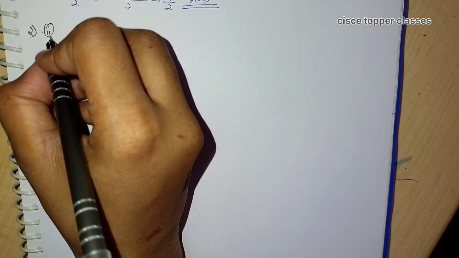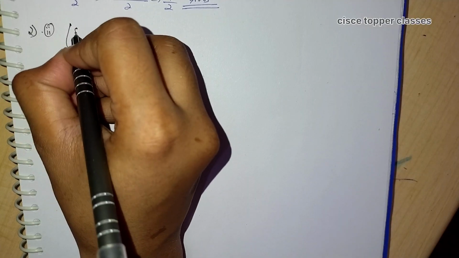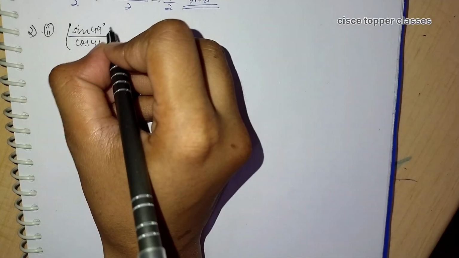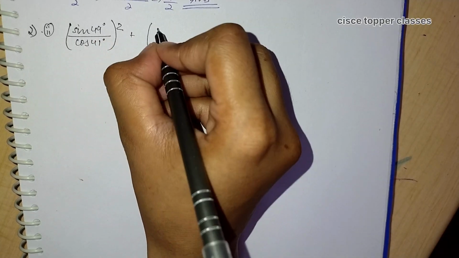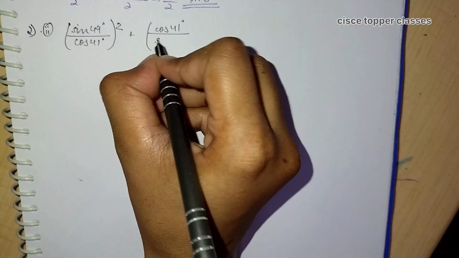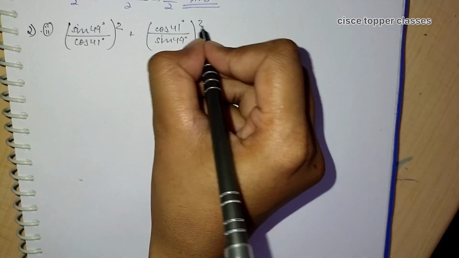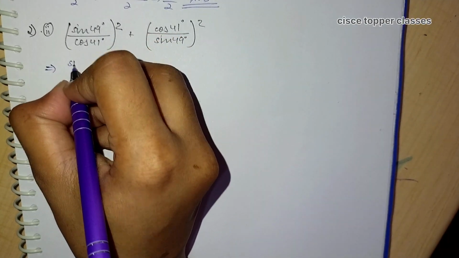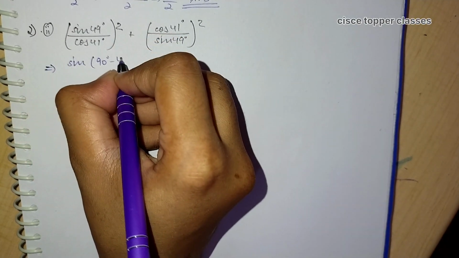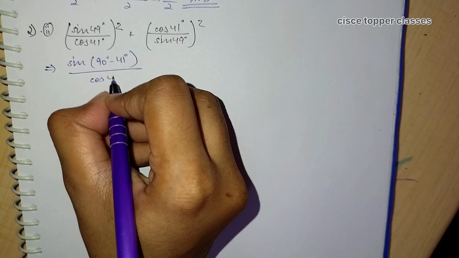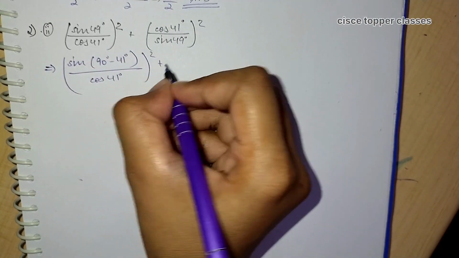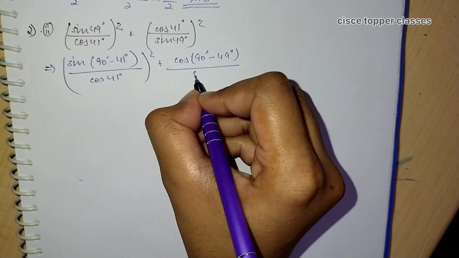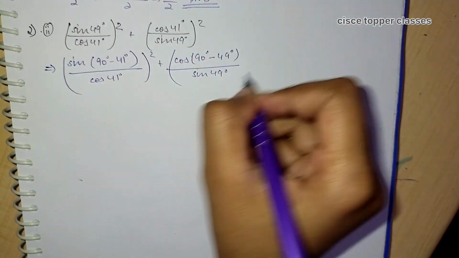Let us solve question number 2, second part. So this is (sin 49 degree divided by cos 41 degree) whole square plus (cos 41 degree divided by sin 49 degree) whole square. If we solve this part, we can write sin 49 degree as sin (90 minus 41) divided by cos 41 degree whole square plus cos (90 minus 49) divided by sin 49 degree whole square.